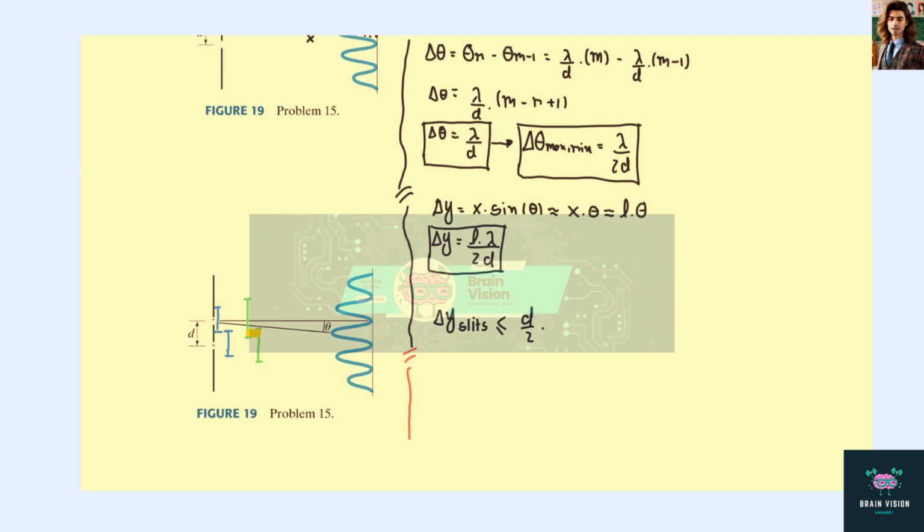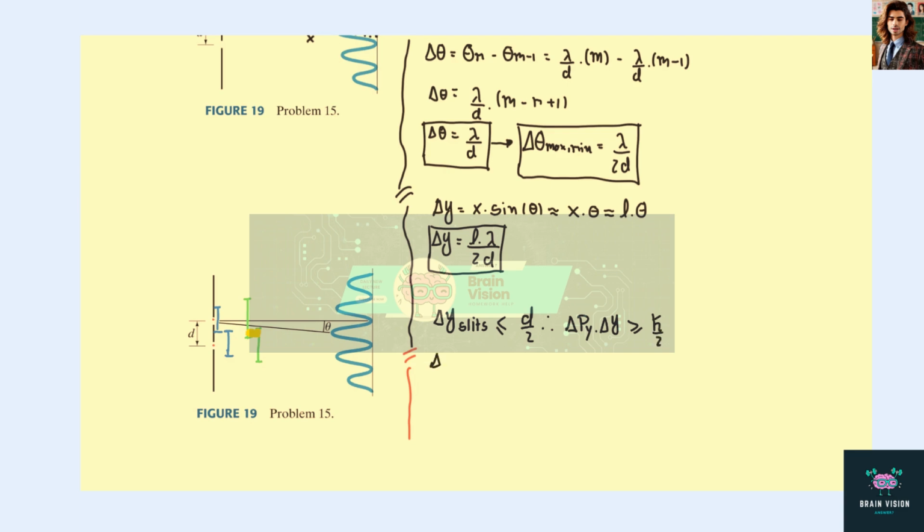Now, this has an important implication for the y momentum of the electron. Remember the uncertainty principle, which says that delta py times delta y must be bigger than or equal to h bar divided by 2.